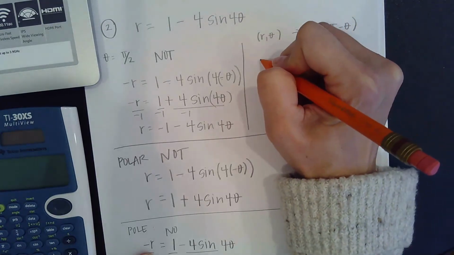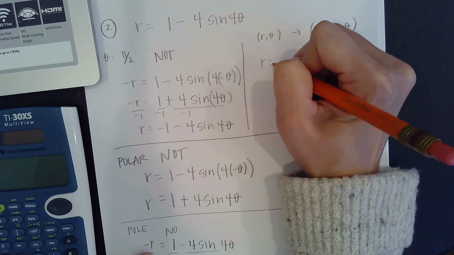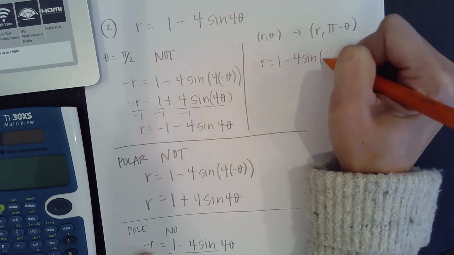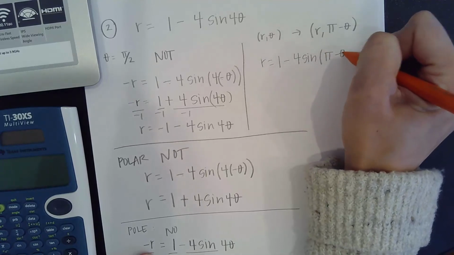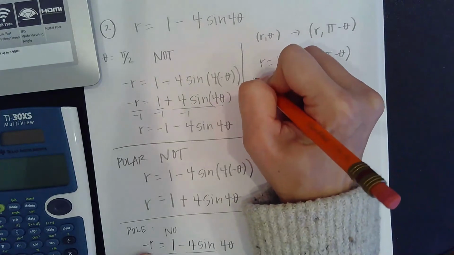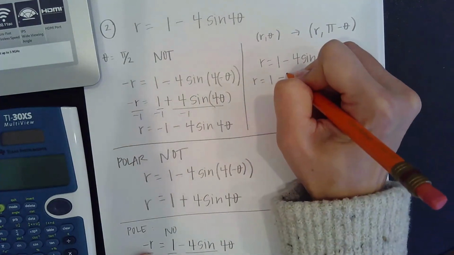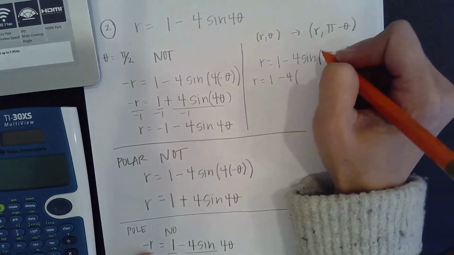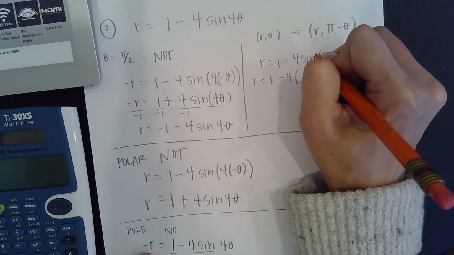Okay, so we'll have r equals 1 minus 4 sine of pi minus theta. Okay, so when I do this, we'll have 4, and whoops, I need a 4 right there, I'm sorry.